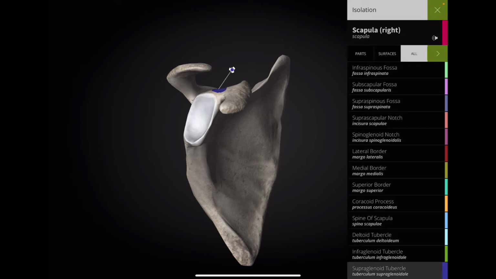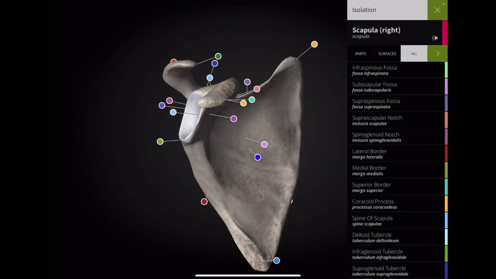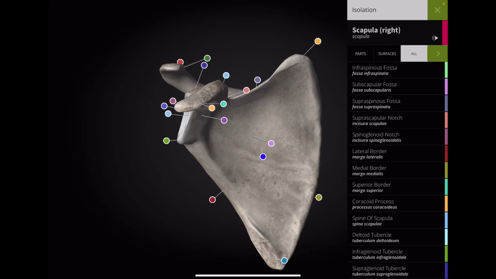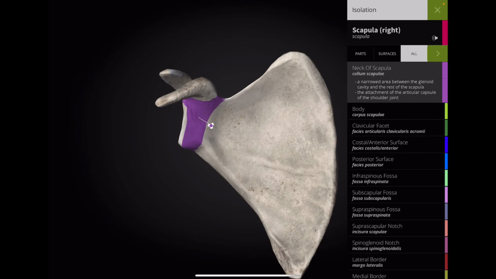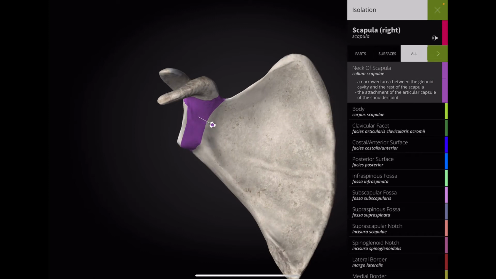So you can see that both the supraglenoid tubercle as well as the infraglenoid tubercle are important for the origins of two muscles. So both of them are long heads, but the supraglenoid is for the biceps brachii, while the infraglenoid is for the long head of the triceps. We also talked a little bit about the neck of the scapula earlier.